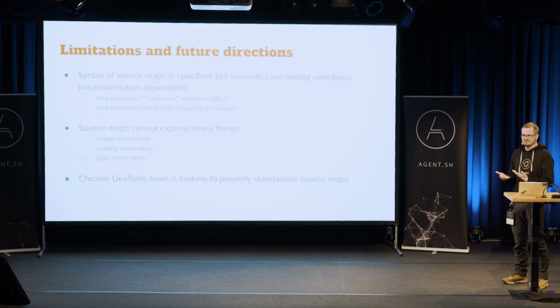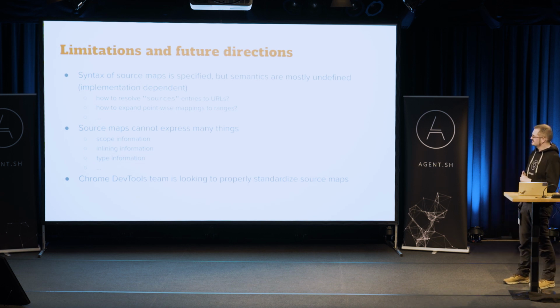It only says that if there's a sources root, you concatenate that and then load the file. But if what falls out of it is not a valid URL, the browser doesn't know how to load the file. And then the browser makes up a story how to do this, and we do it differently from Firefox. Safari does it differently yet again, and that leads to very confusing results.